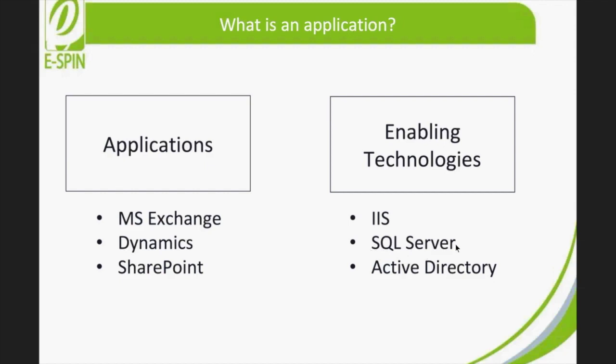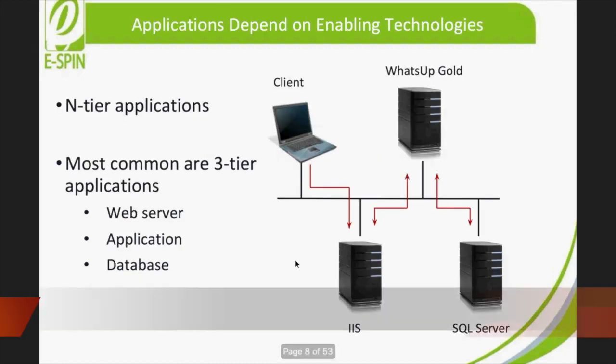Microsoft SQL Server database. And then for the user login we are talking about Active Directory. This is the common thing: the application needs the enabling technology. It always goes hand in hand. It is not just the application that matters.